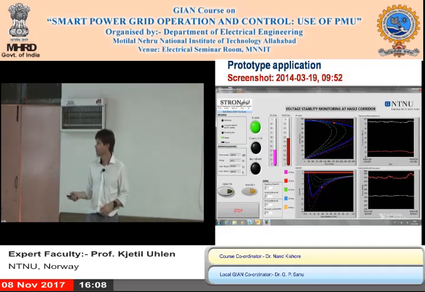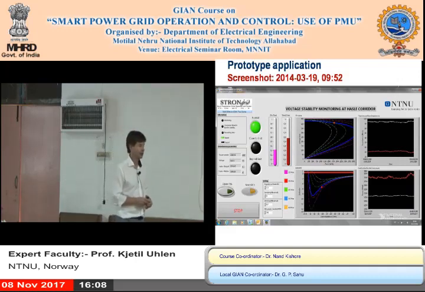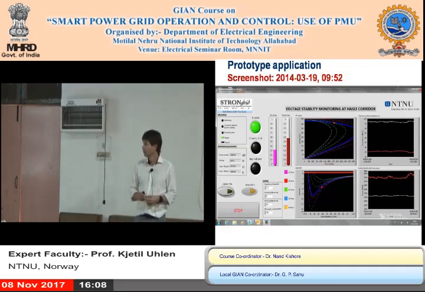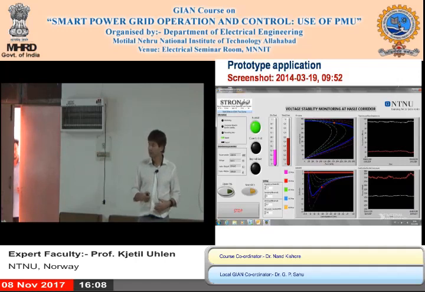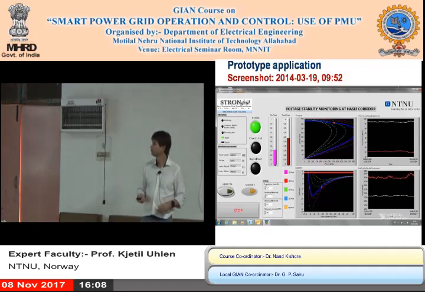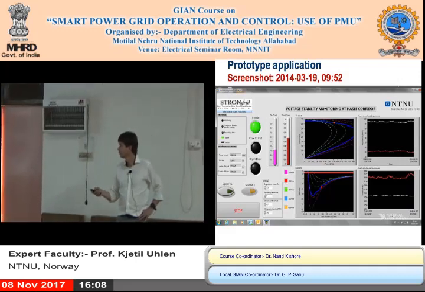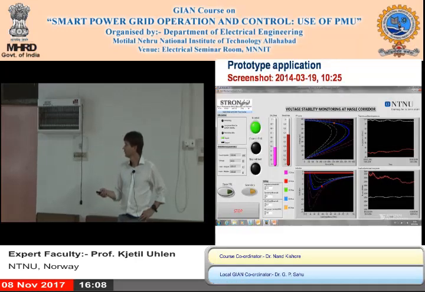But this is an application implemented in LabVIEW software, National Instruments LabVIEW, and run on my computer that is connected to the transmission system operator. That's one example. Here you can see when things change a little bit.